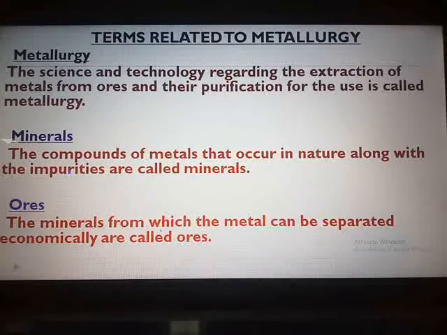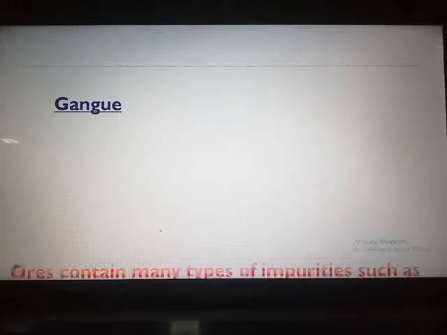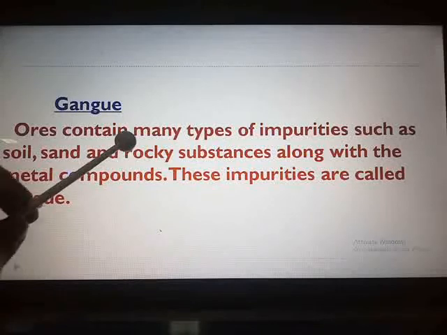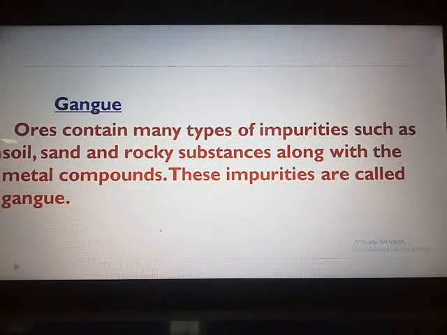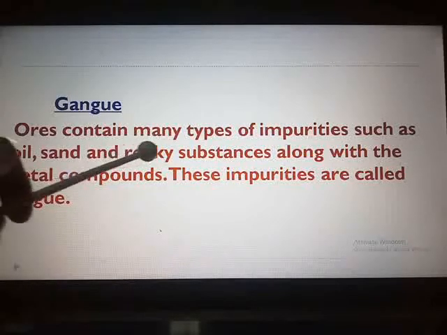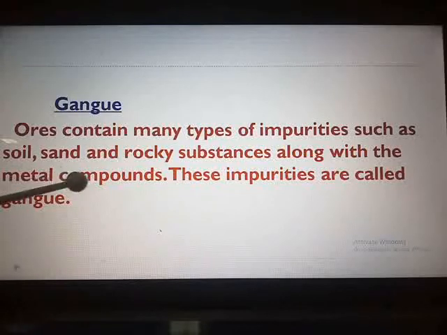The next definition which we are going to deal with when it comes to metallurgy is gangue. Ores contain many types of impurities such as soil, sand and rocky substances along with the metal compounds. These impurities are called gangue.